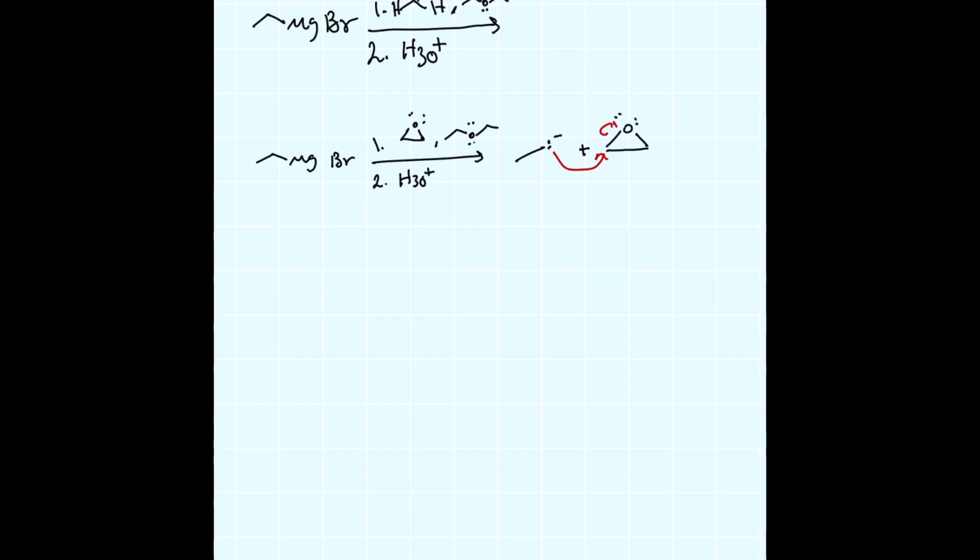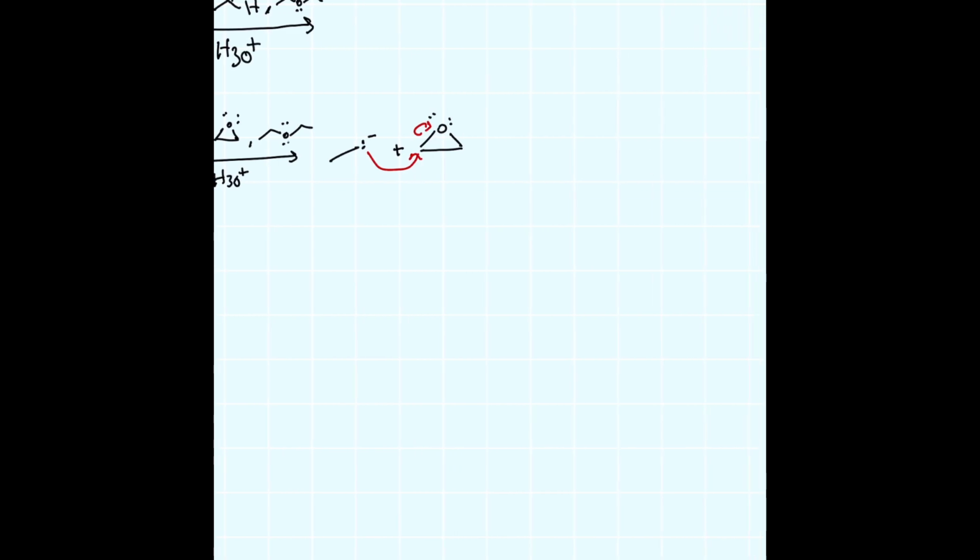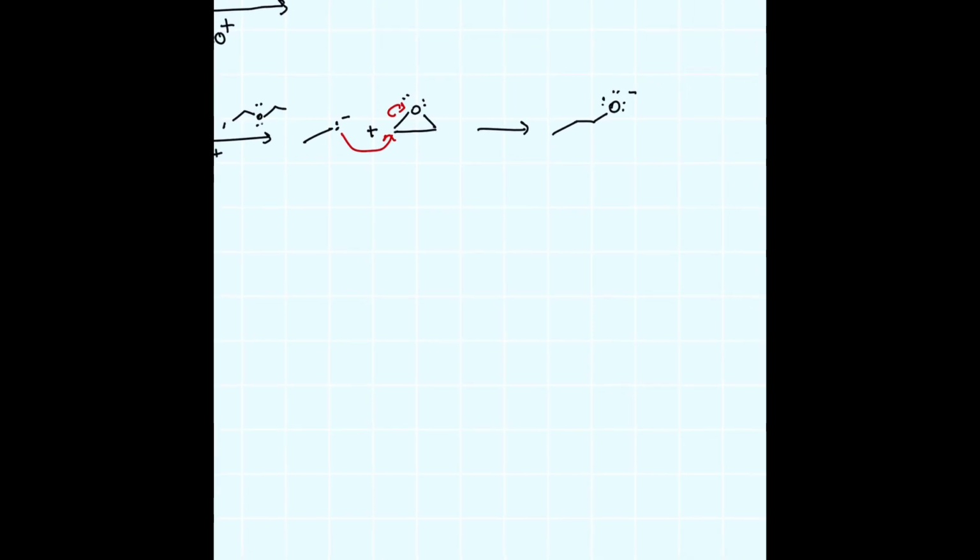That means this bond goes right here. And we're going to get O minus. Just going to double check my carbons. 1, 2, 3, 4.